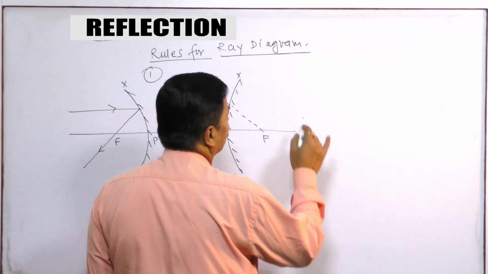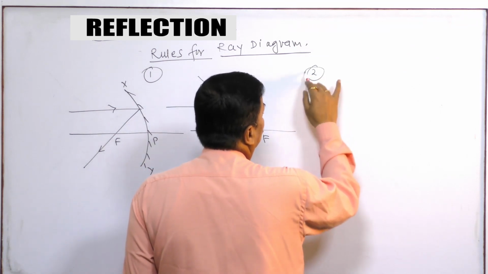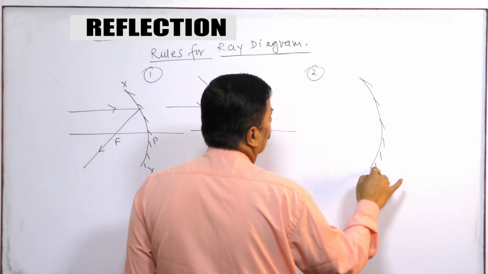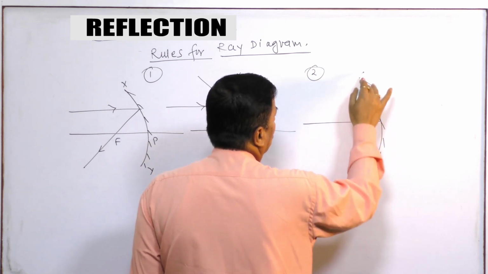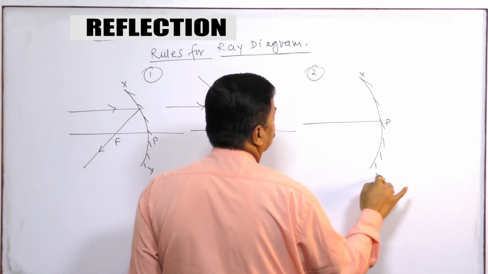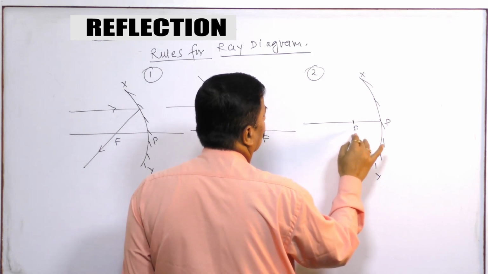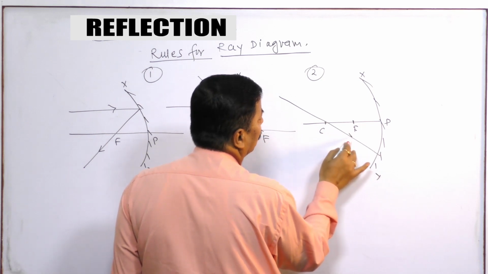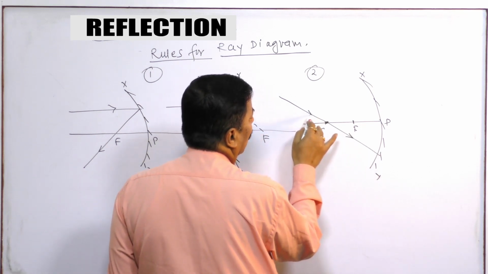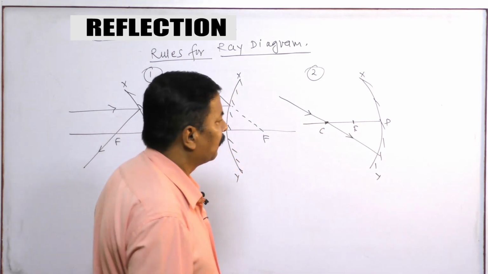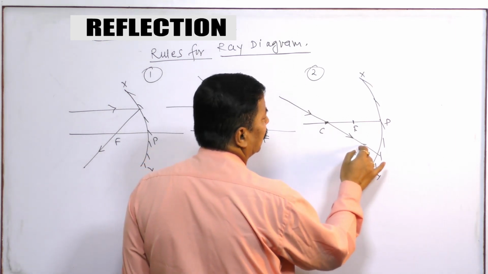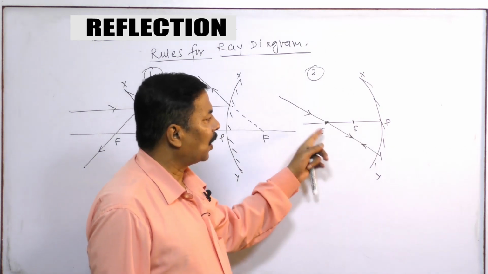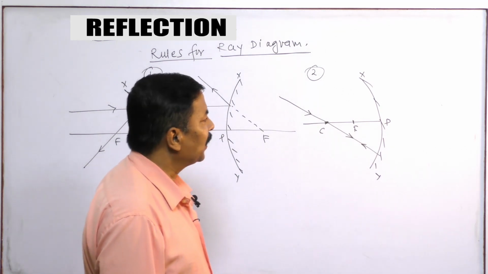The second rule we will consider: a ray passing through the center of curvature retraces its path. What does it mean by retraces its path? It comes back on the same path.